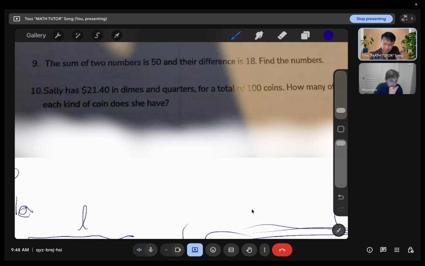Okay, so we're not going to use Sally because that's extraneous. Let D equal the number of dimes. Some teachers don't like this pound symbol, so just be careful. You could just write the word number of, and then quarters. That's my Q, the number of quarters.